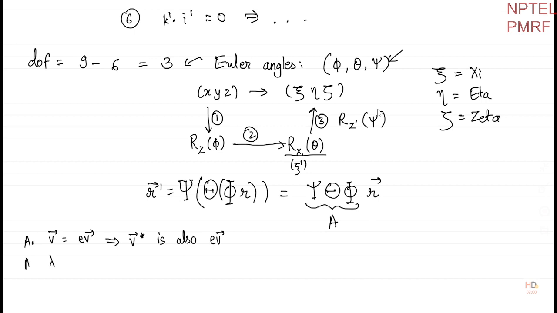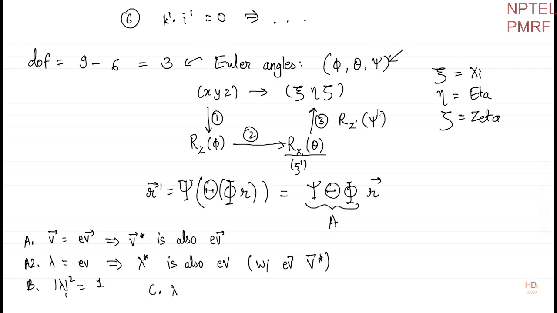And A2 was if lambda is an eigenvalue, then lambda star is also an eigenvalue, with eigenvector V star. Third was mod lambda squared for any i is 1, which means in a complex plane it lies on a unit circle.